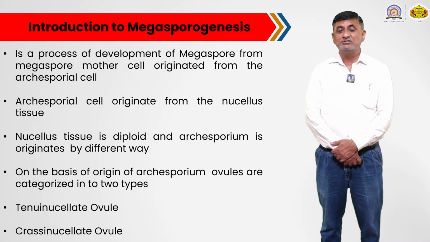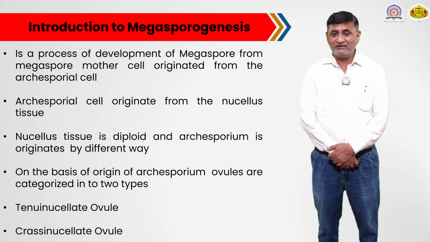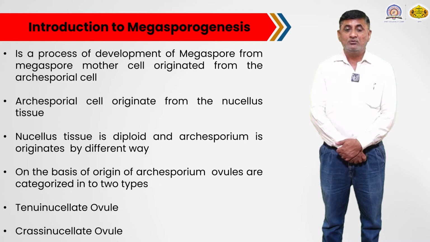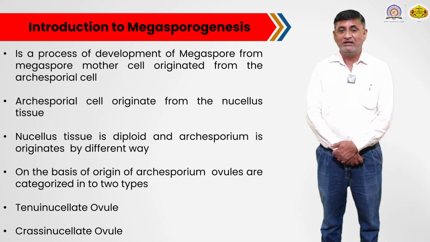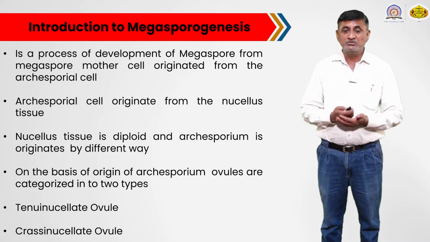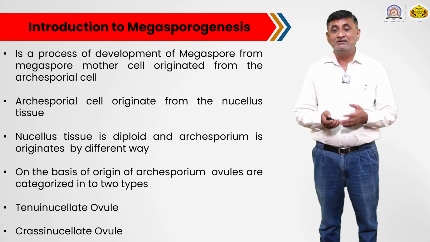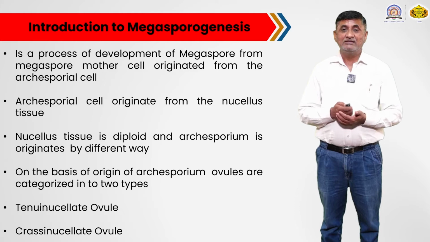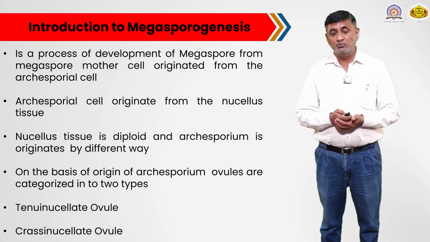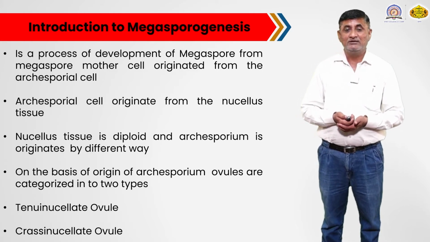The archesporial cell originates from the nucellus tissue. The nucellus tissue is diploid in nature, and the archesporium originates in different ways. On the basis of the origin of the archesporium, ovules are categorized into two types: TENUINUCELLATE ovule and crassinucellate ovule.